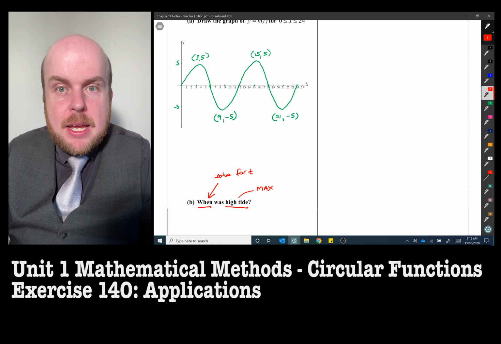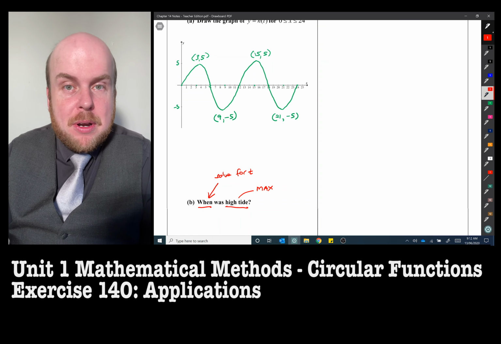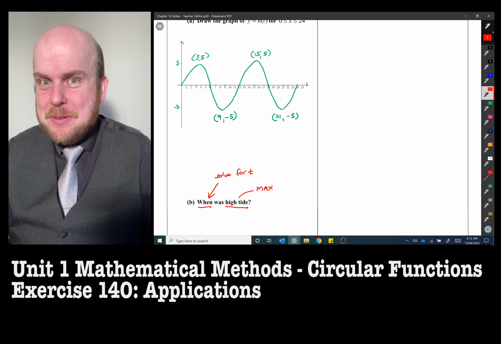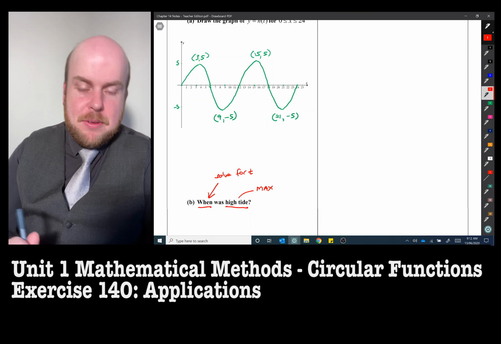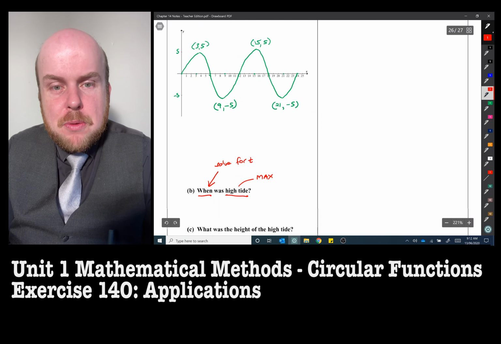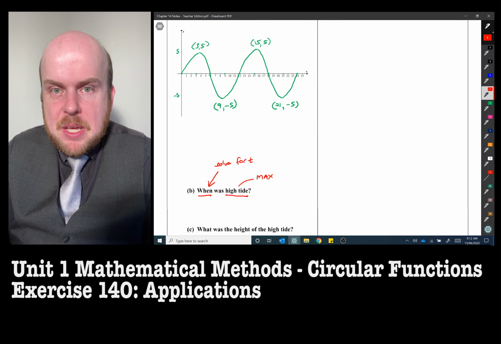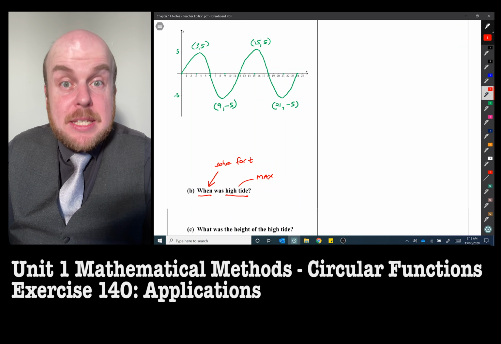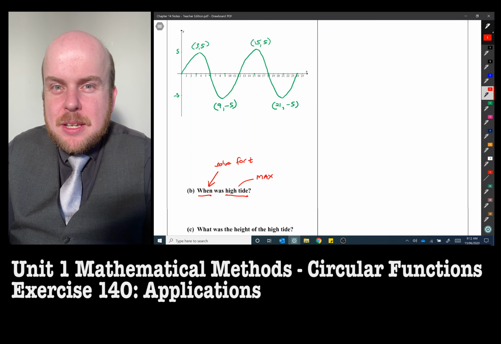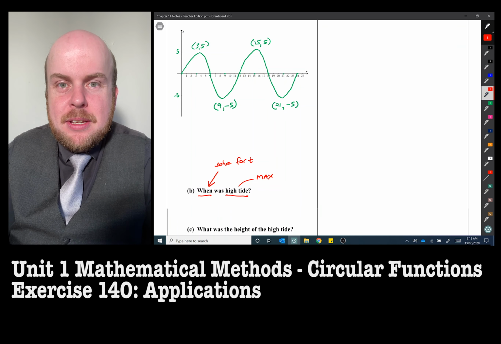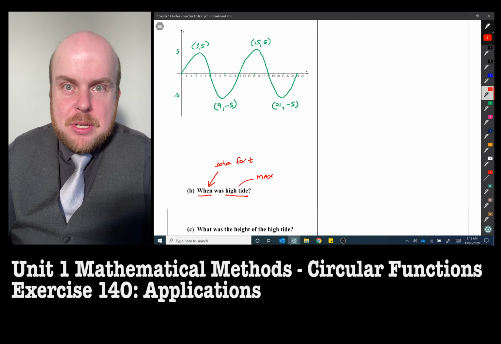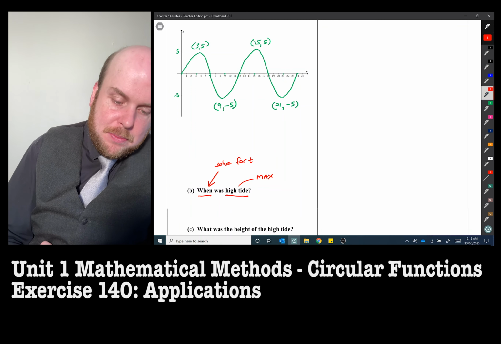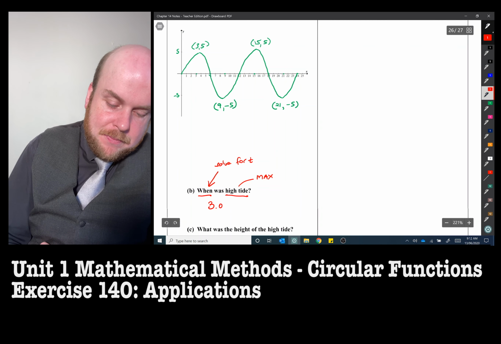So assume that's saying it's in AM or PM. Or if you are a military type mind, you could say 1500 hours or 300 hours, whatever the case might be. But don't write 3 and 15 because that's not telling me when, that's just telling me t values. So this is one of those things that we know you know the answer, but you've got to write it as the question has asked you for it. So this would be at 3 a.m. and 3 p.m.